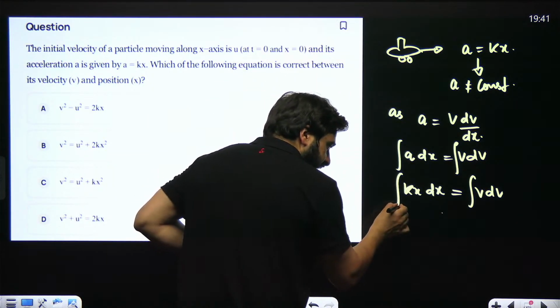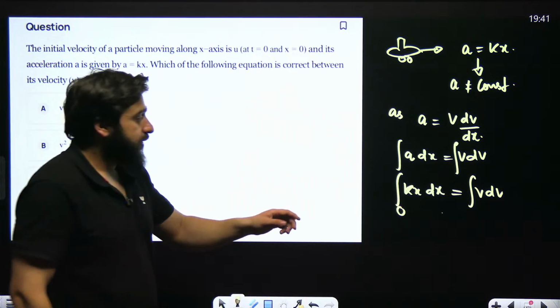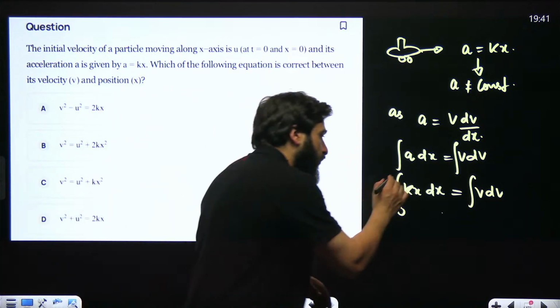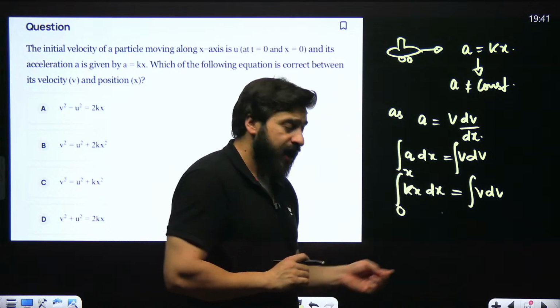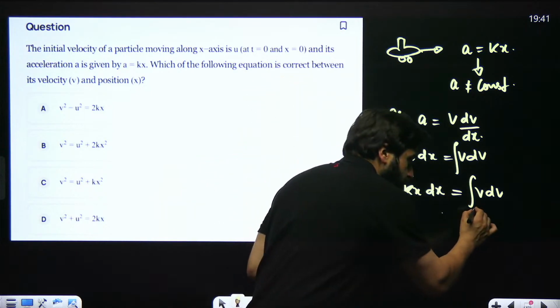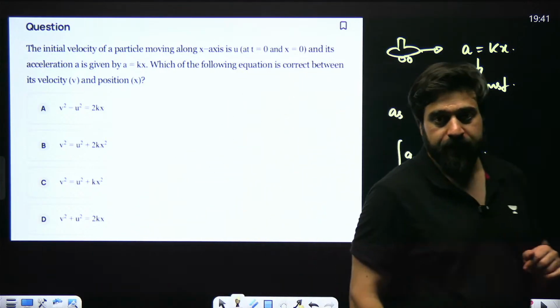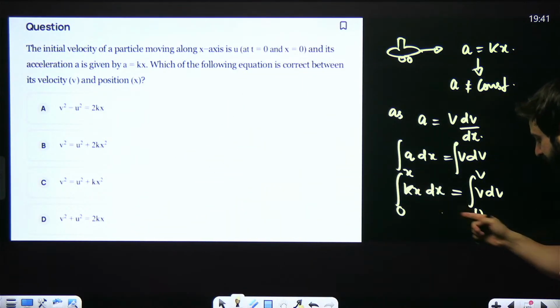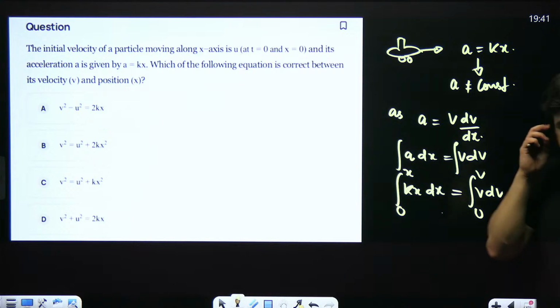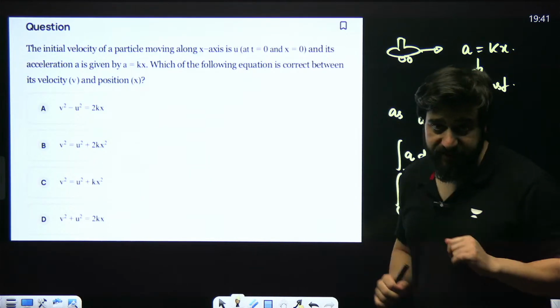Now, we say initially displacement is 0. From 0 to x, I'll put the limits. And here, initial velocity is u, final velocity is v. So from u to v. Now guys, understand one thing very carefully.